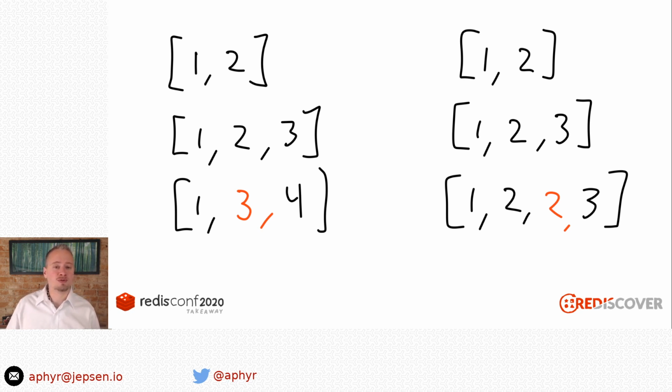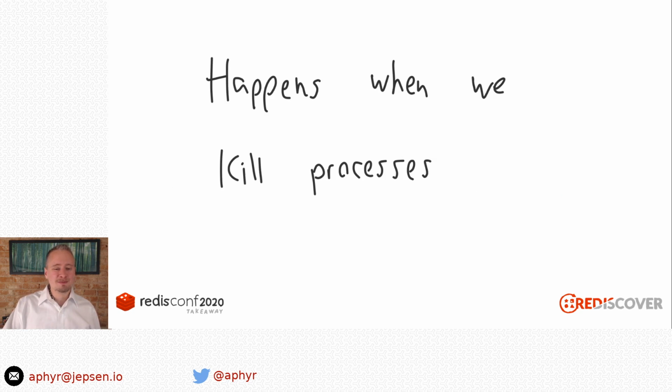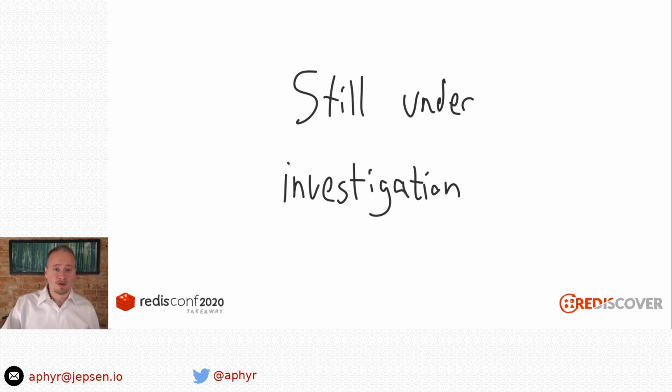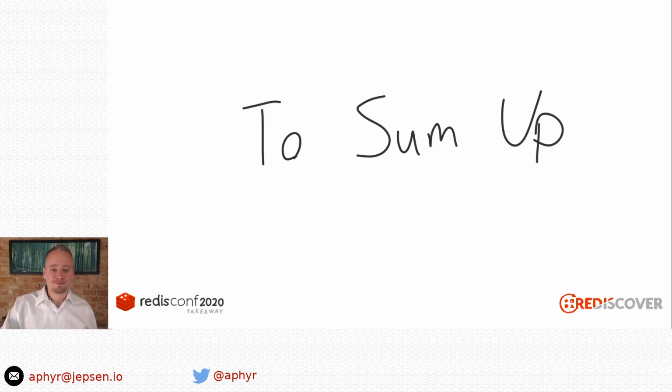So you get 1, 2, 2, 3 or 1, 2, 3, 2, 3. All sorts of strange things can happen. And nodes would fight back and forth over what the current value was. This points to some sort of Raft invariant violation, but it's not clear what exactly. We just found this one recently. And it involves process kills. So crashes alone are enough to trigger this issue. Redis Labs is going to be investigating that as well.